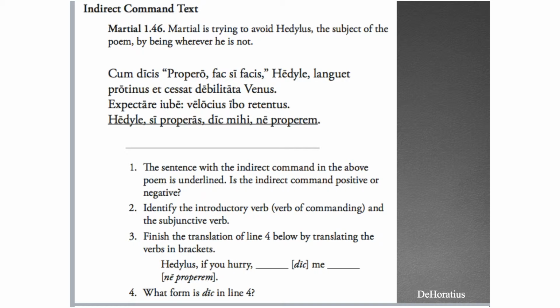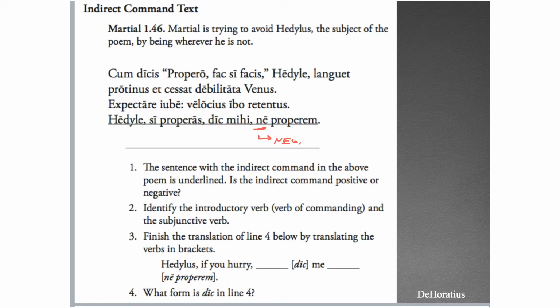All right, so there's an indirect command. You have an indirect command underlined. Is the indirect command positive or negative? It has that ne, so for indirect command, that's going to be negative. If it were a fearing clause, that would be positive. So what is the verb of commanding?